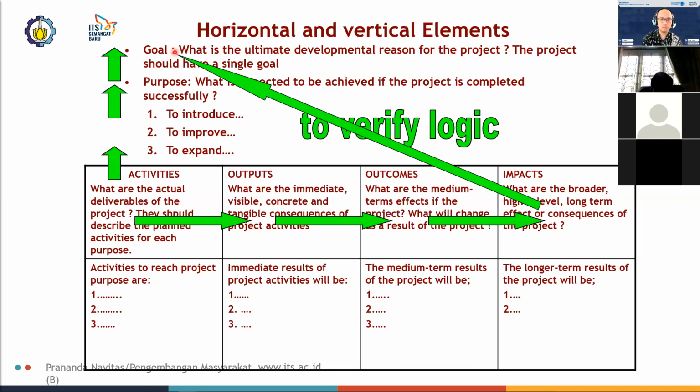So if your goal is to increase literacy, and then you have a projected impact of a 75% increase in adult literacy, then that means that your projected impact and your goal is in line. If that makes any sense.